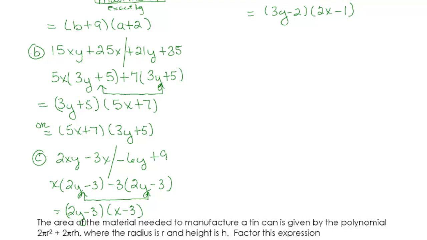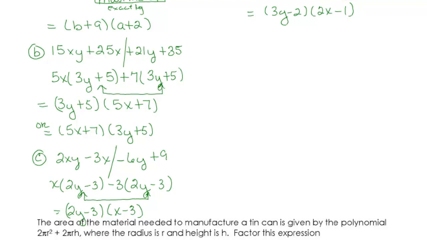It says factor this expression. So, we want to factor 2 pi r squared plus 2 pi rh.